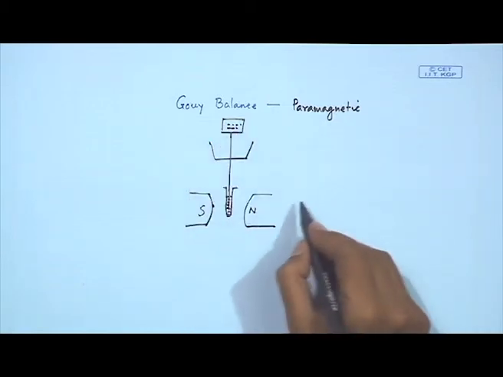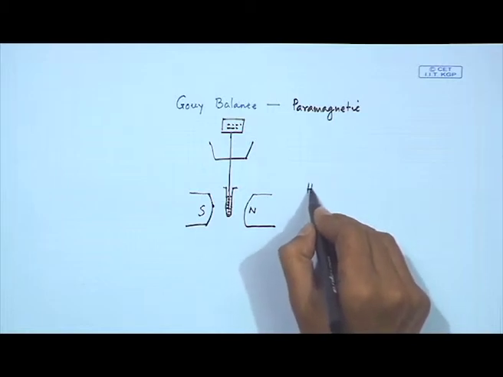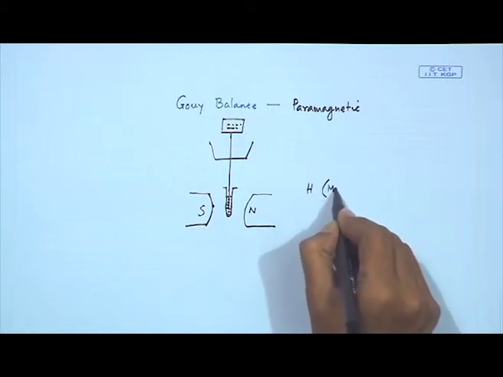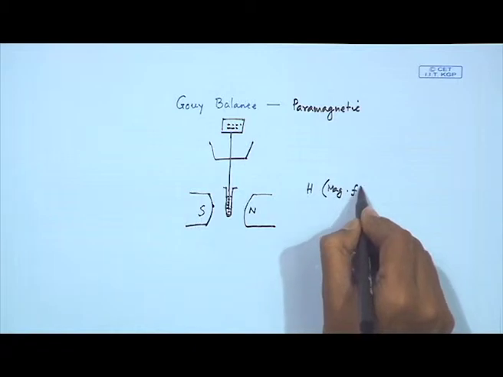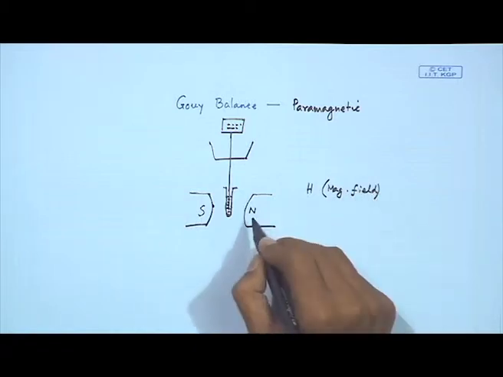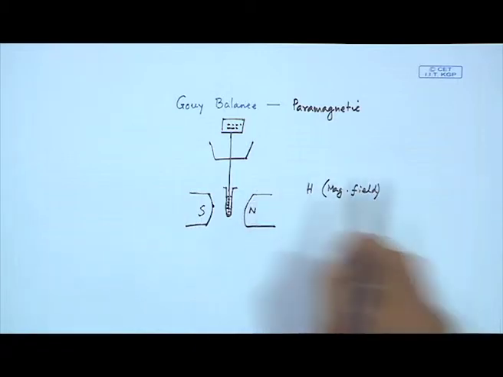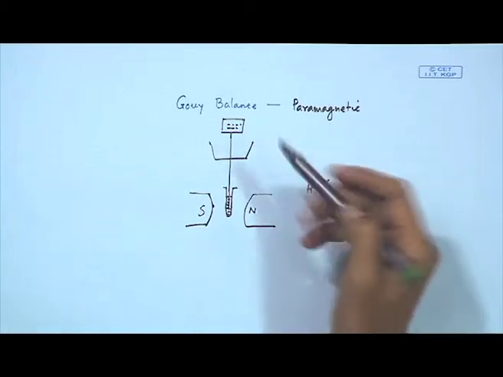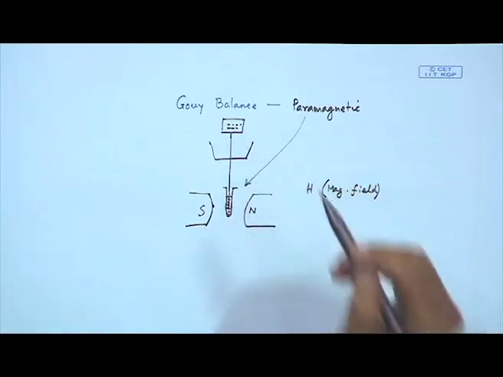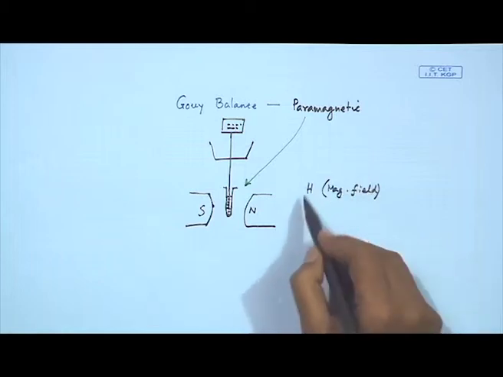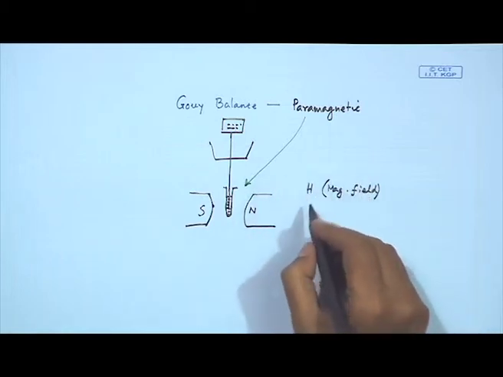So, in absence of the magnetic field, H being the magnetic field, we take the weight of that particular sample. If the sample is paramagnetic, in presence of a magnetic field there will be a weight gain.